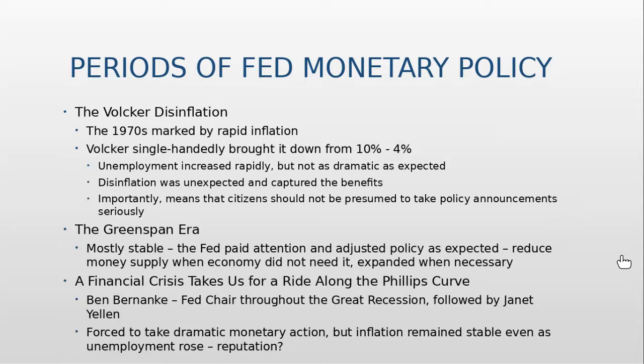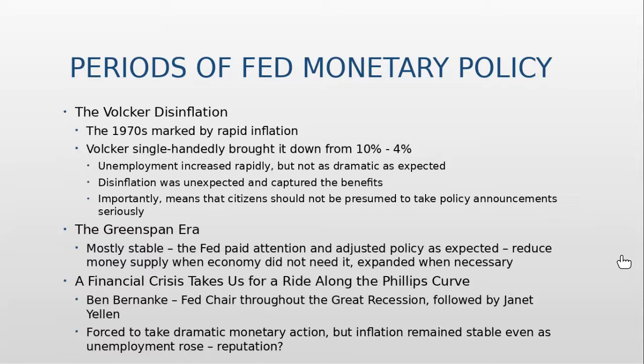This was a huge success, but unemployment increased rapidly at the price. However, this unemployment increase was not as dramatic as expected. The reason is that the disinflation was unexpected, meaning employers had built-in expectations of a higher wage rate and then found themselves surprisingly paying less. Importantly, this means that citizens should not be presumed to take policy announcements seriously.